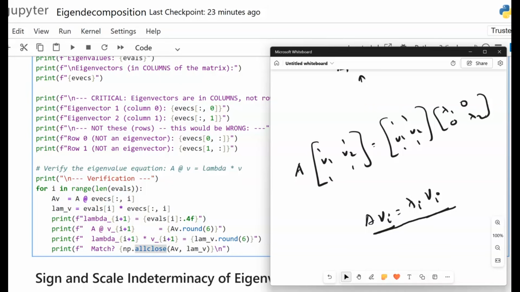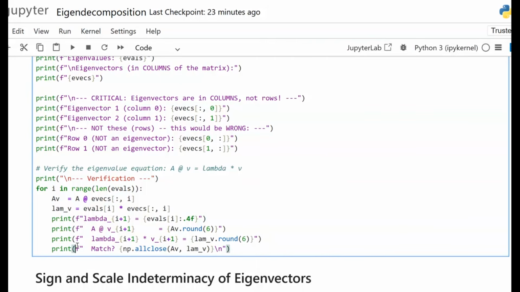And dear friends, here we are using allclose, which is used instead of exact equality, because floating point arithmetic introduces small rounding errors. The results typically match up to 10 to the power of minus 8 precision. So let me execute and view the output.